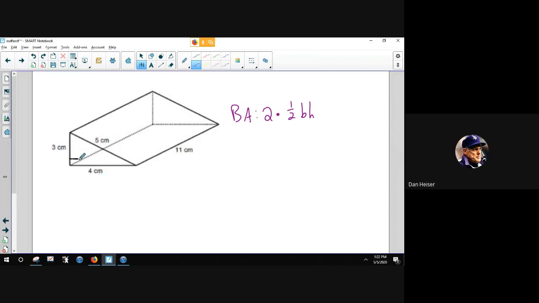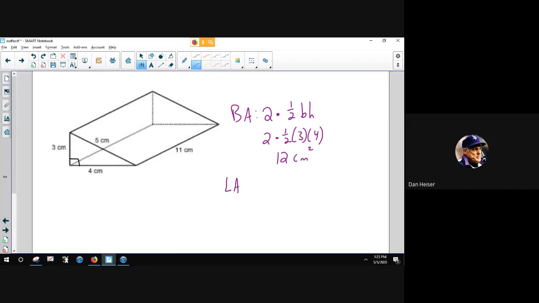So we know we have that right triangle there. There's my base and my height, 3 by 4. So our base area comes out to be 12 square centimeters, not cubed. We're still finding area. We're not dealing with anything else. We're finding area. Area has square units. So there's the base area.